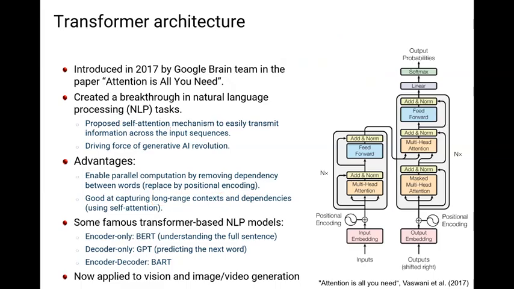Don't worry. The original transformer architecture is drawn over here on the right-hand side. It has two parts. The left part is called the encoder, and the right-hand part is the decoder. You see this encoder-decoder design repeatedly used in different architectures.